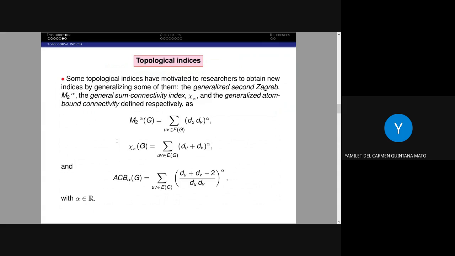Notice that in each case, these new indices depend on a new parameter alpha belonging to R.